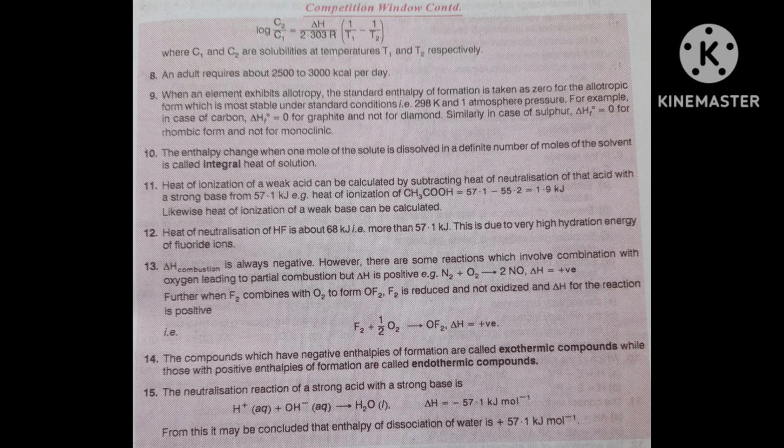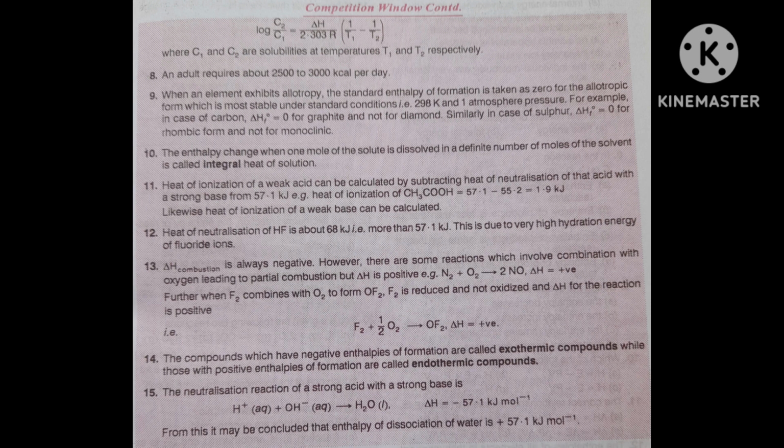But if you want to calculate the heat of ionization of a weak acid, the weak acid will not ionize fully. It will ionize partially. Because some heat will be used up in ionization, how do we calculate that heat? Because numericals are asked, that's why I am focusing here.